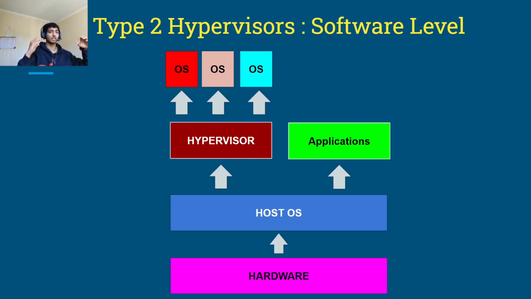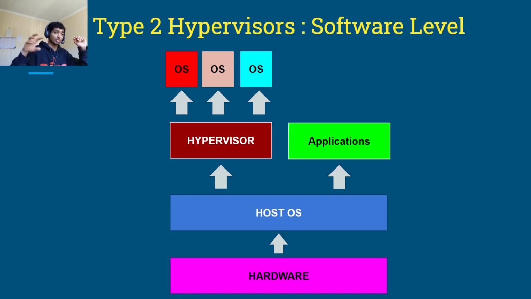So basically, if we start from the whole process, it is your hardware, your host operating system, Windows or Linux or whatever, then your applications, along with your hypervisor. So your hypervisor is an application at this point. We'll look at it later on, but your hypervisor runs as an application on your host operating system.